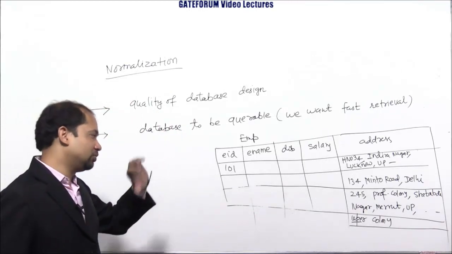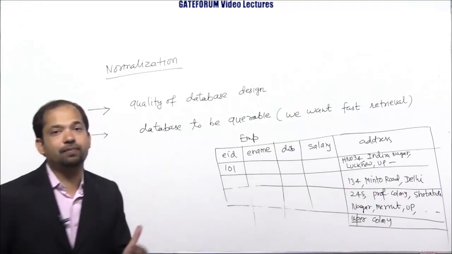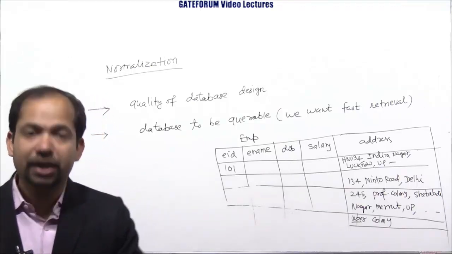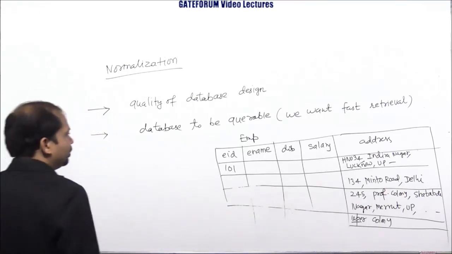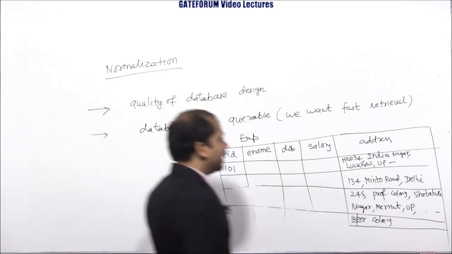Normalization will give some guidelines which will make the quality better, and you can answer the query as fast as can be done. So instead of this design, what will we go for? We will not go for address as it is.